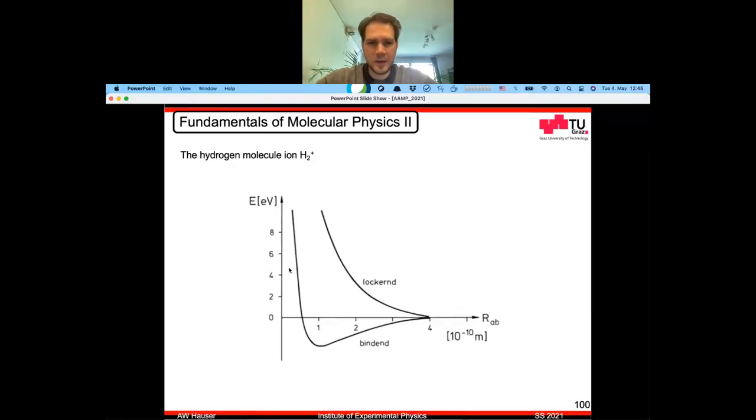So if we look now, I think this is coming up here. If we look at the energy that we obtain as a function of the internuclear distance, right? So this is now the electronic energy as we calculate this, plus the interaction energy for the two nuclei, A and B. So it's just this standard Coulomb term that we first neglected, is 1 over 4 pi epsilon naught times 1 over RAB, with RAB being the distance between the two protons.